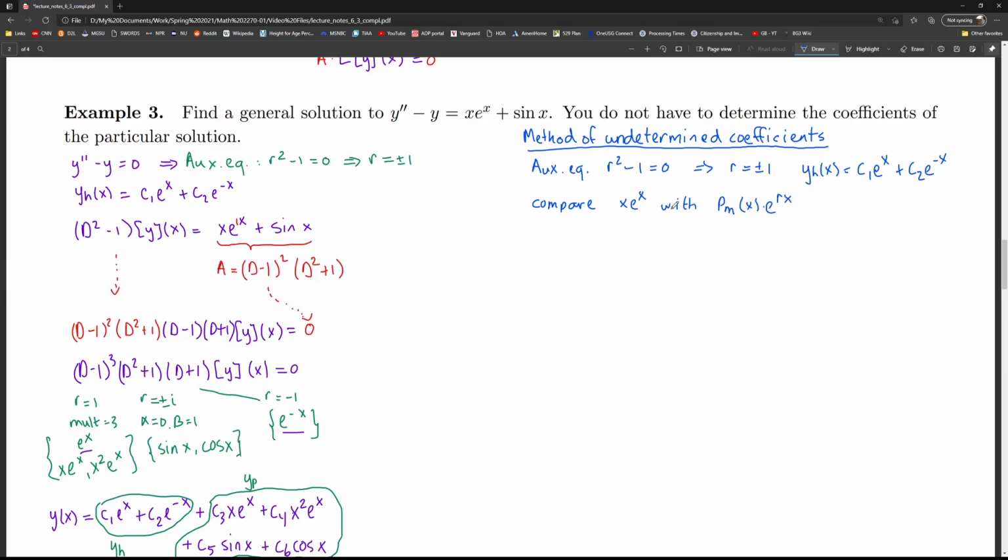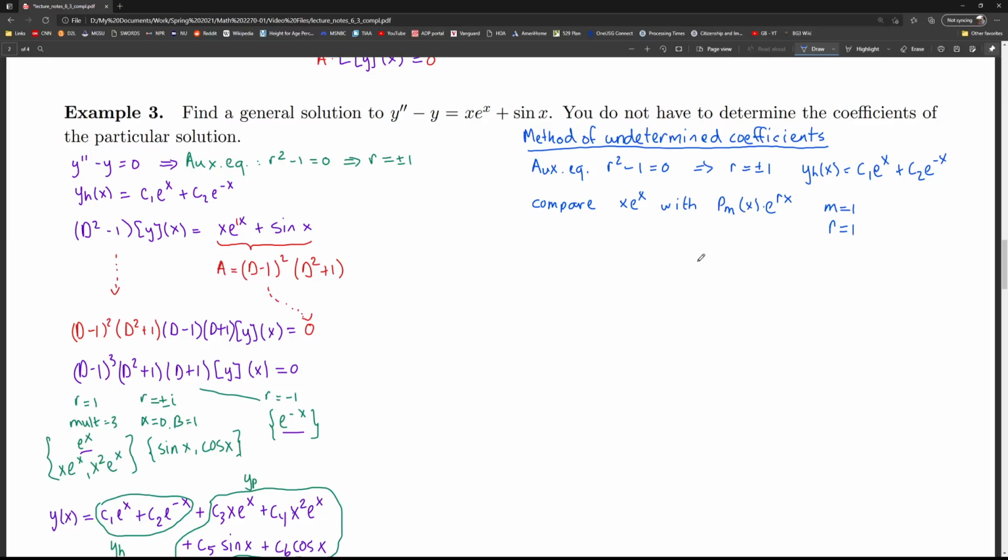And then what we would note is that m equals 1 and r equals 1. But r equals 1 is part of the auxiliary equation.